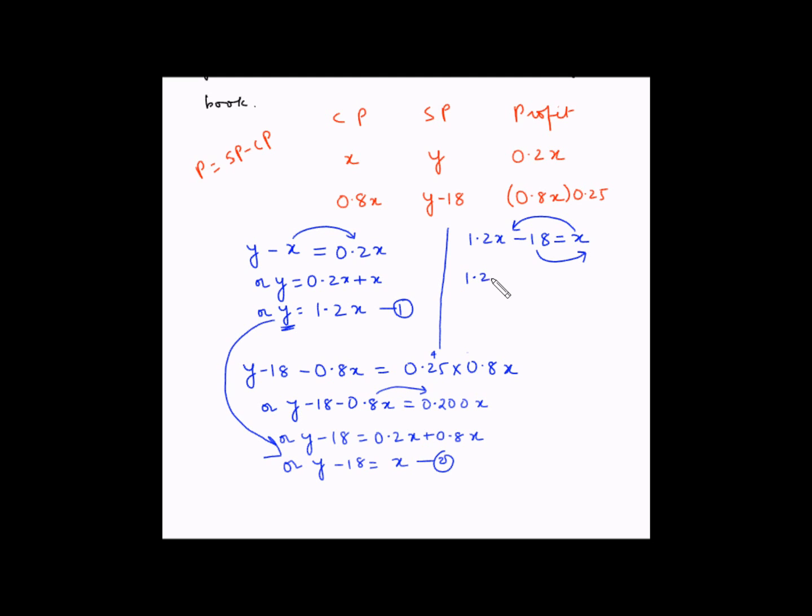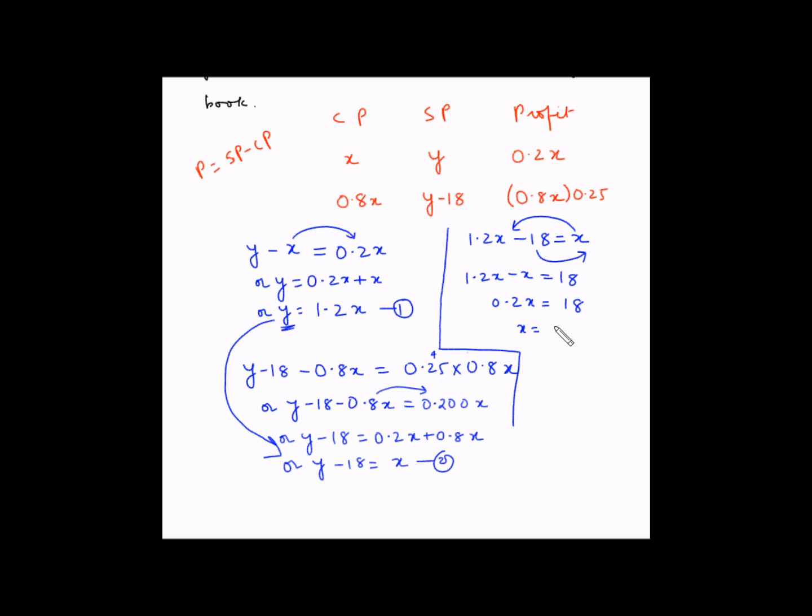So 1.2X minus X is equal to 18, because the negative 18 becomes positive when we bring it on the other side. 1.2X minus X is 0.2X, so 0.2X is equal to 18.